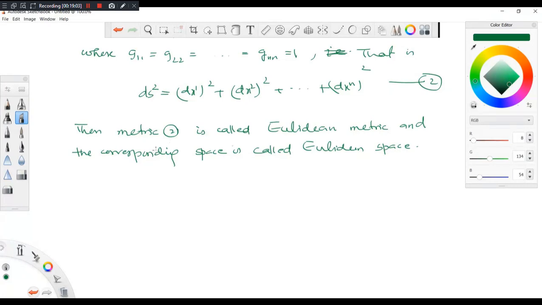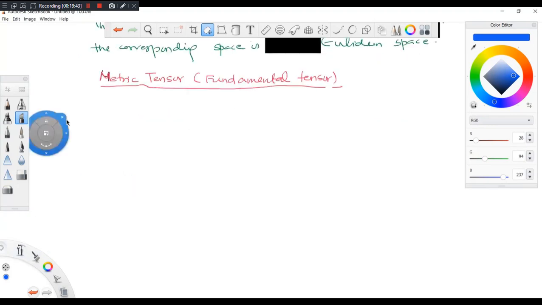Now let me see what a metric tensor is. This is our topic. What is the meaning of a metric tensor? The metric tensor is also called the fundamental tensor. This is playing a very important role.